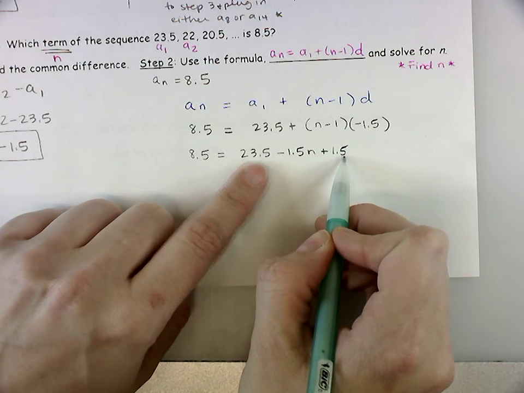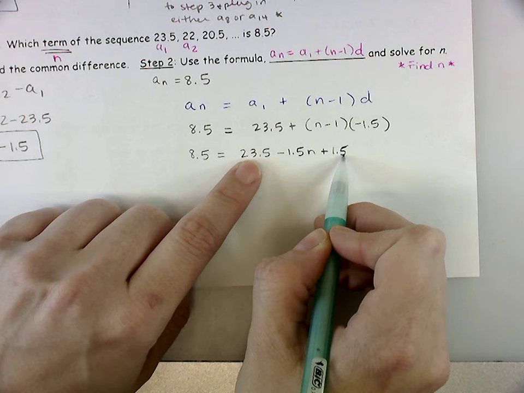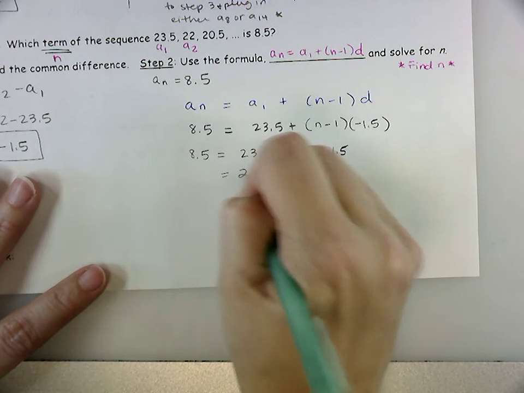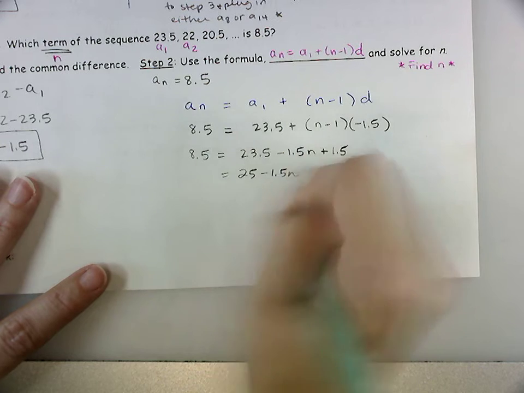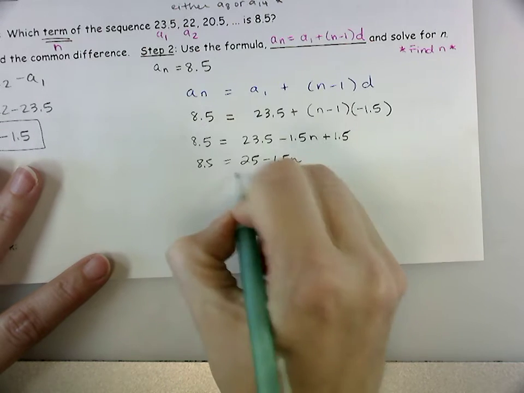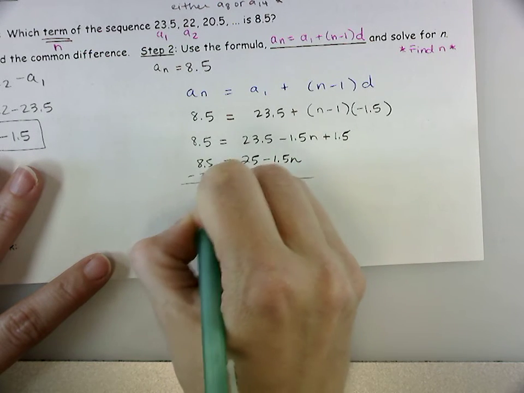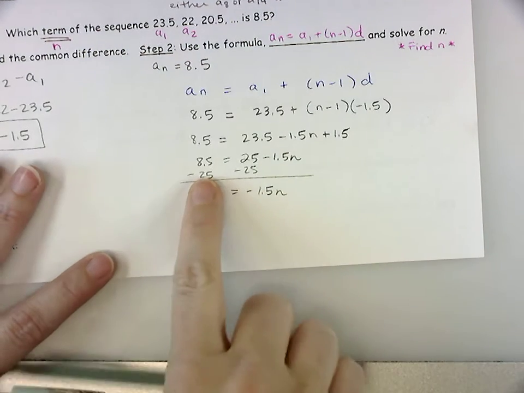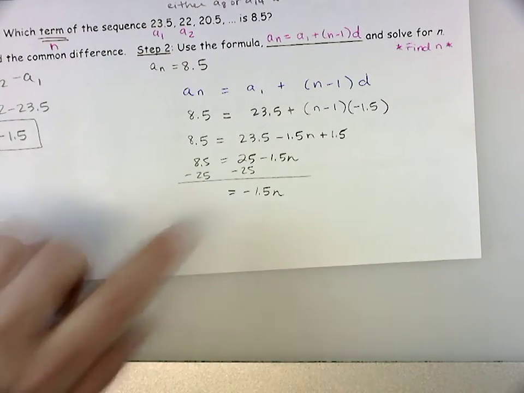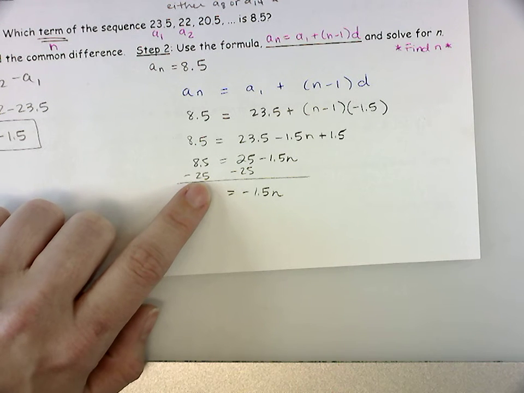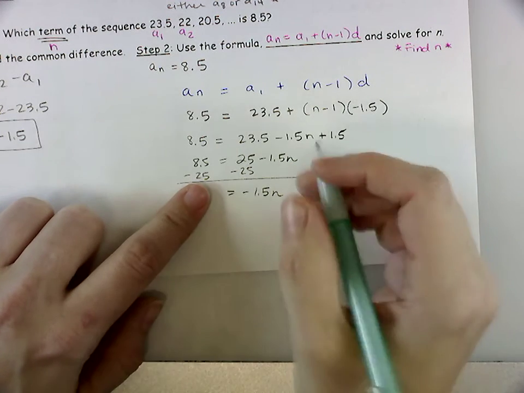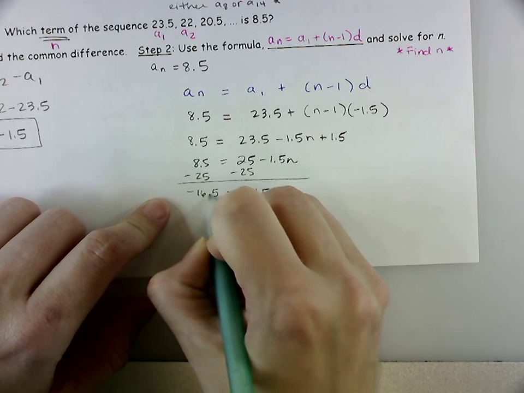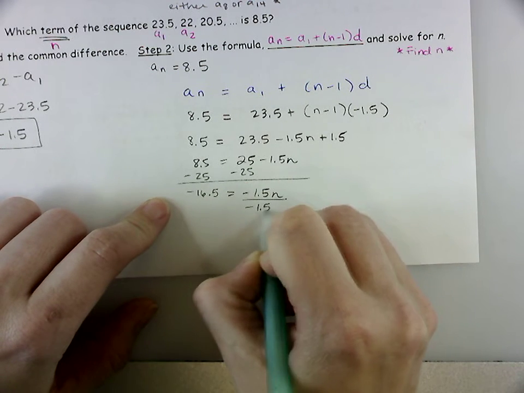When you're adding, 23.5 plus 0.5 is 24, plus 1 will be 25. Then I'm going to subtract 25. An easy way to do this without your calculator is, what's 25 minus 9? 16. So this will be 16.5, and in this case it'll be negative because the 25 is bigger.